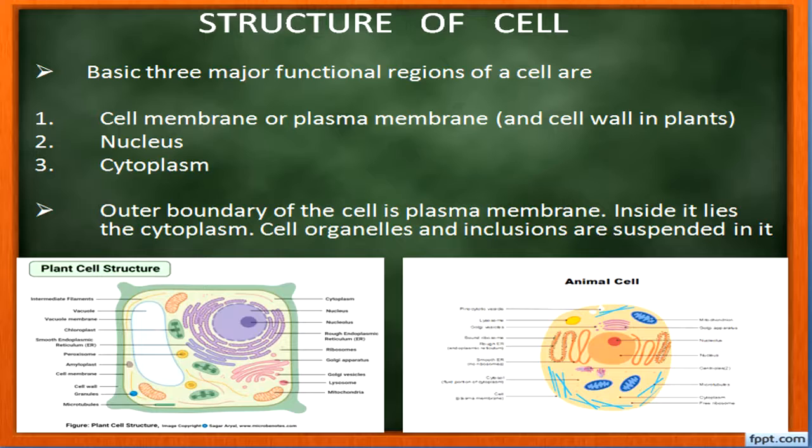Cytoplasm is a jelly-like matrix in which we can see living structures of cellular components, and then cell inclusions, that is a non-living component present in cytoplasm, isn't it? And the nucleus is the controlling center of the entire cell. So these are the three major functional regions present in a cell.